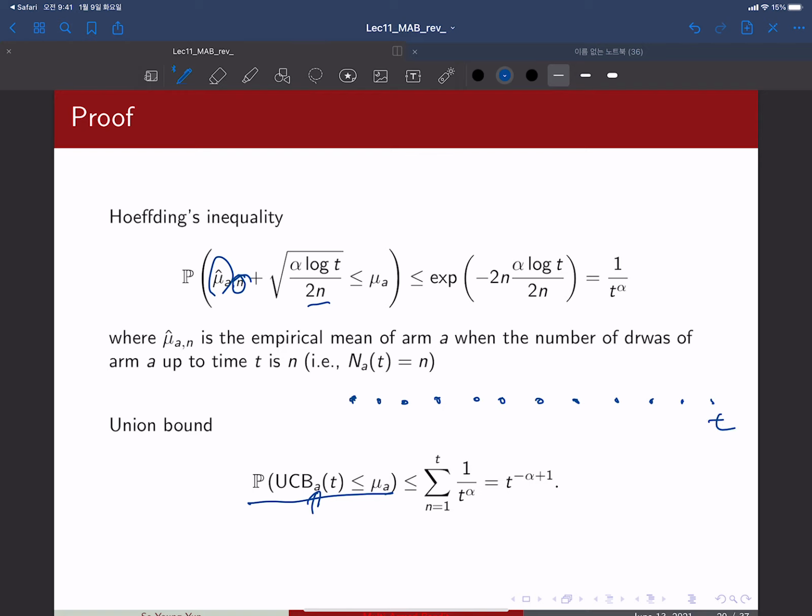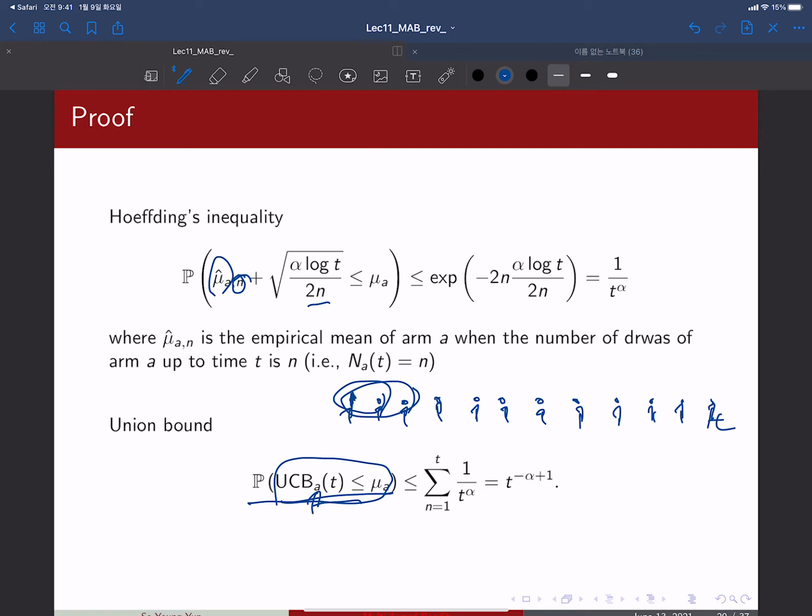There are t sequence of observations for arm 1, and we can reveal a Bernoulli random variable for these t independent random variables, and then we can compute the probability. Either this one satisfies this UCB condition, or this one satisfies this UCB condition, and so on.